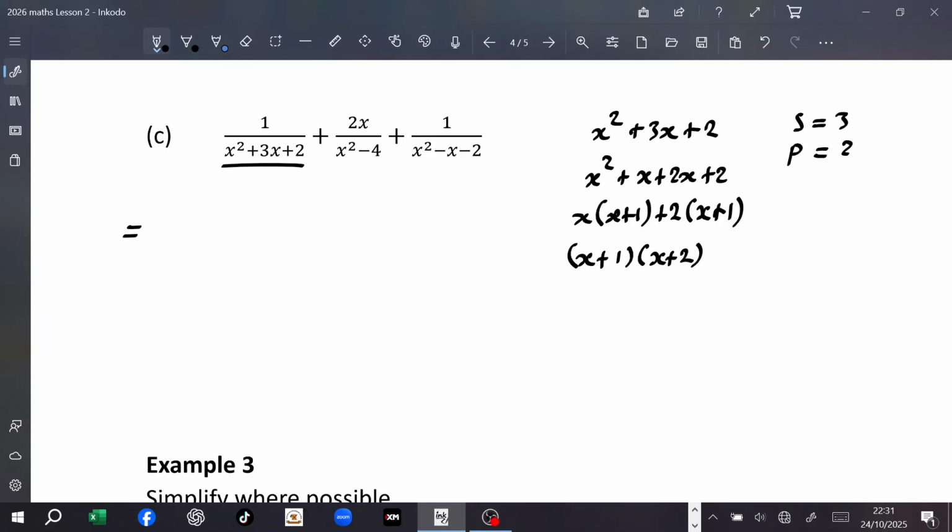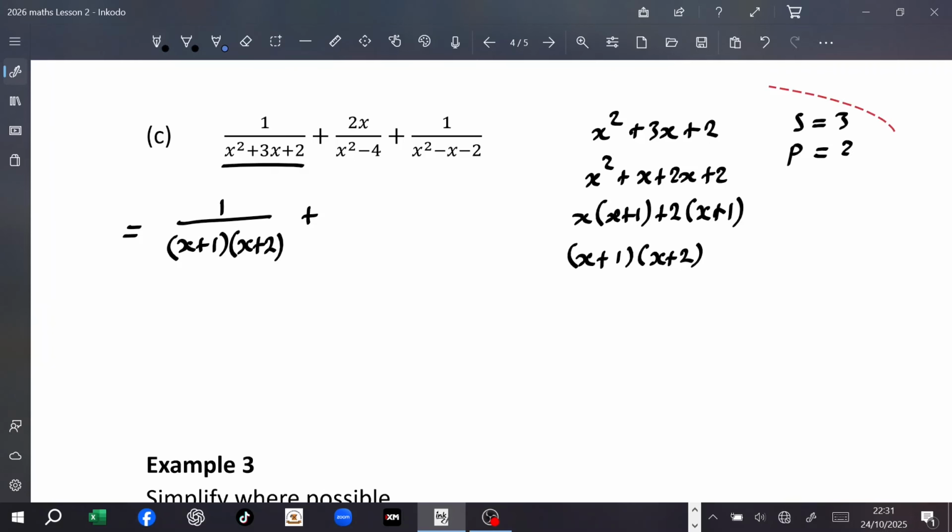So meaning this one will say 1 over x plus 1, then x plus 2 will close, then plus, then this one is a difference of 2 squares.